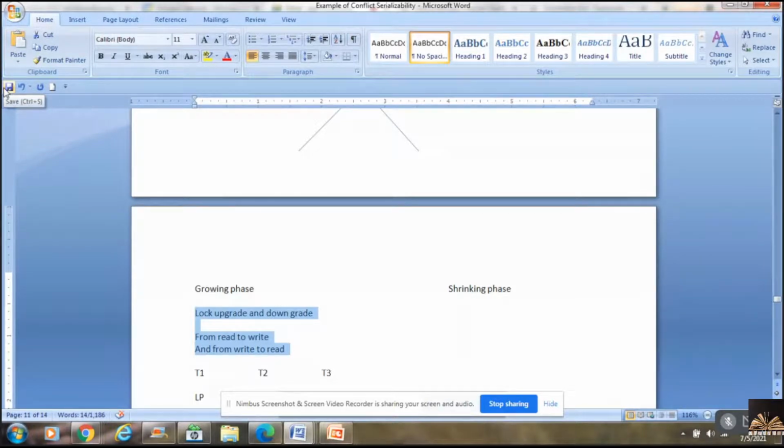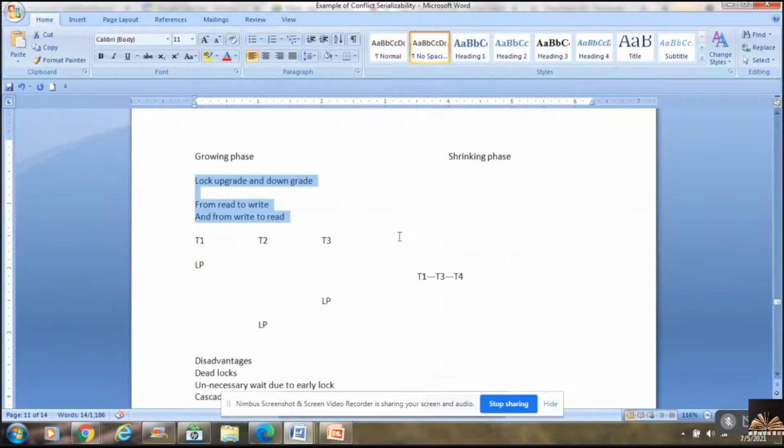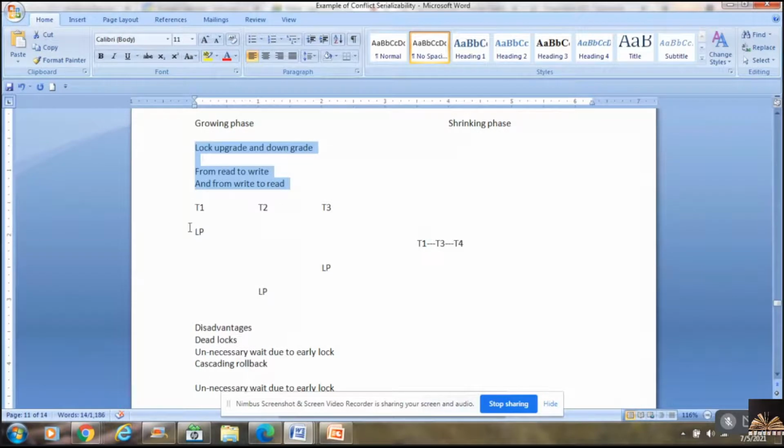If you are going from S mode to X mode, it is upgrading the lock. And if you're going from X mode to S mode, that's exclusive to shared, it is downgrading of a lock. So this is the concept of your lock point.